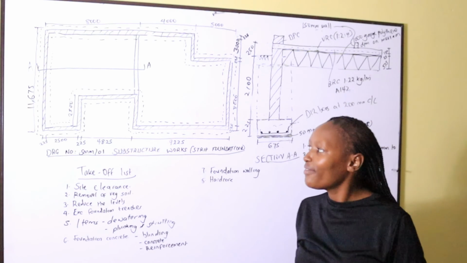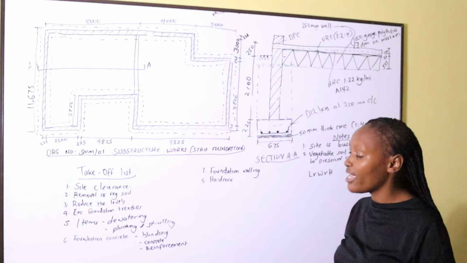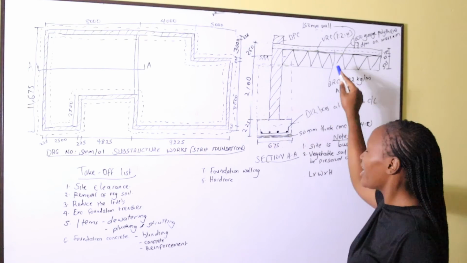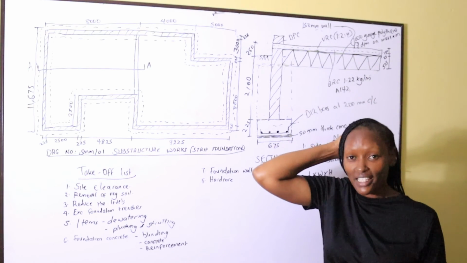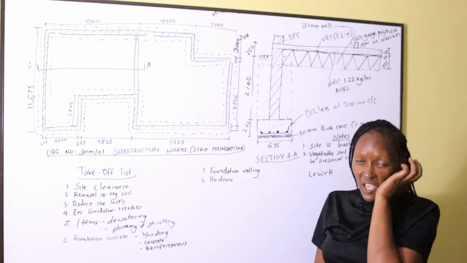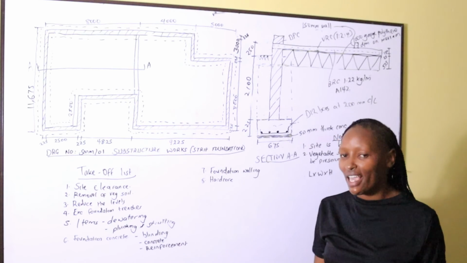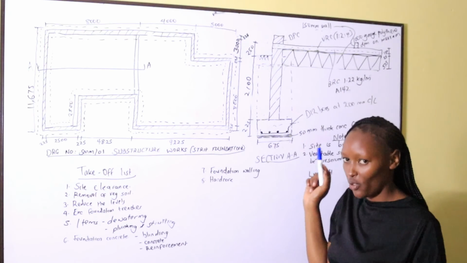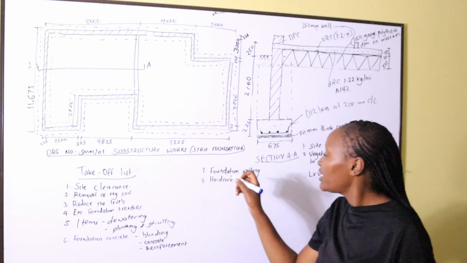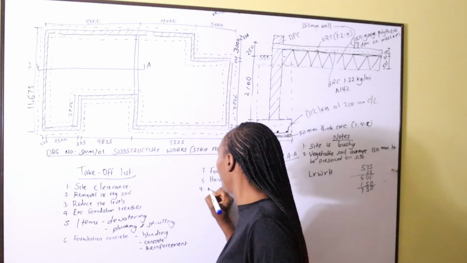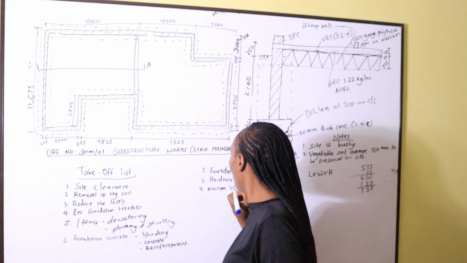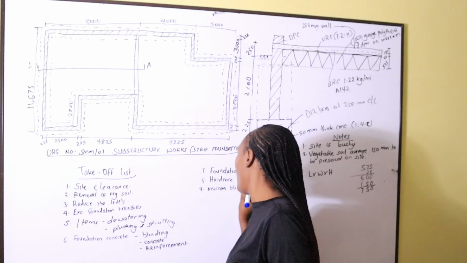So whenever we are finding the areas, if hardcore is a thick layer like 575, if you look at the SMM, we measure it in volume. So for the volume, you take the length times the width times the depth of the hardcore, which is 575. The difference between taking off hardcore and maram blinding is that hardcore is measured in volume, but maram blinding is measured in area.